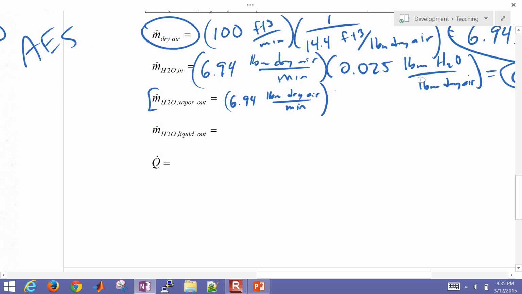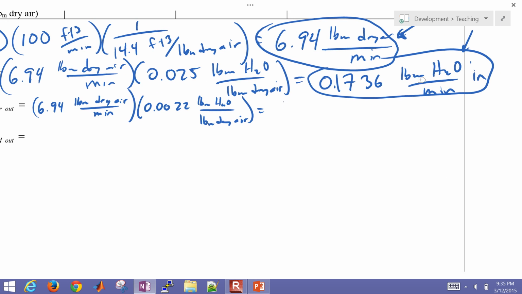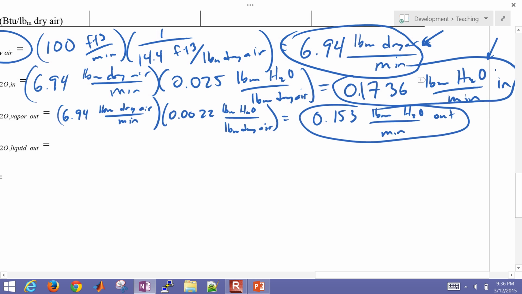I'm just going to multiply it by that fraction, 0.0022 pound mass of water per pound mass dry air, and that gives me a total of 0.153 pound mass of water leaving per minute.